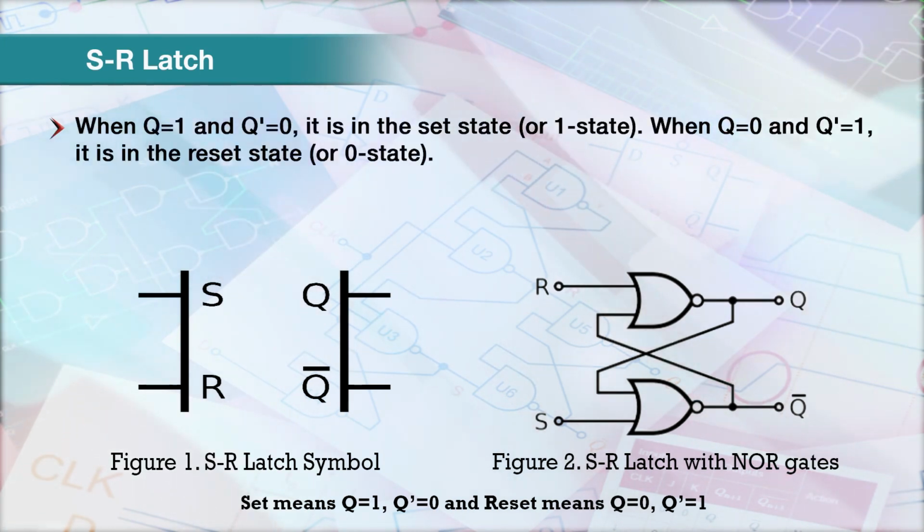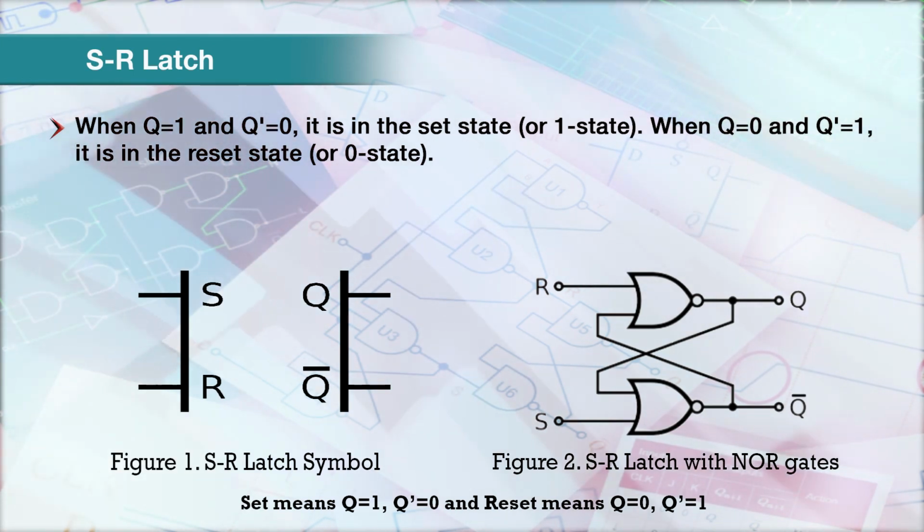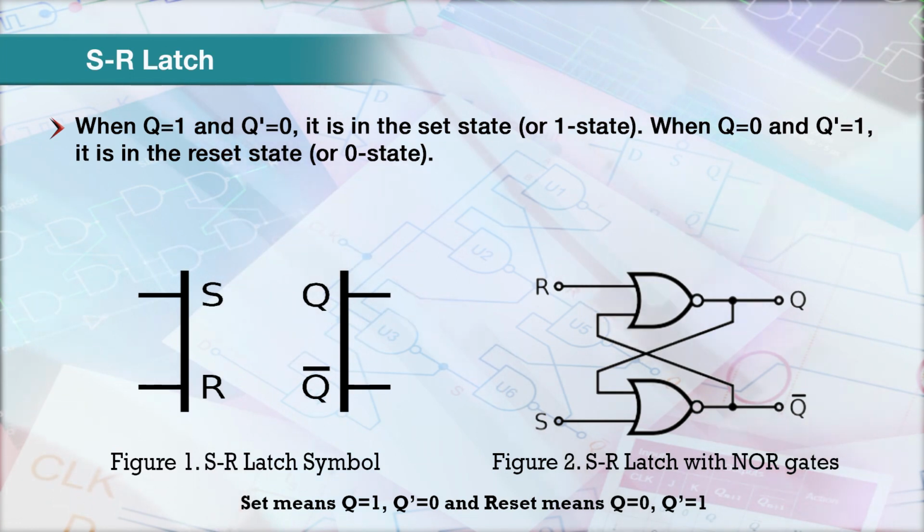When Q equal to 1 and Q dash equal to 0, it is in the set state or state 1. When Q equal to 0 and Q dash equal to 1, it is in the reset state or 0 state. So, without any more delay, let us study the interesting topic of the RS latch and its working.